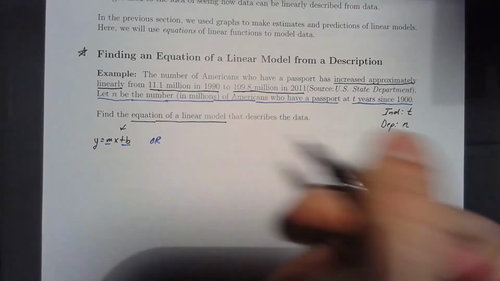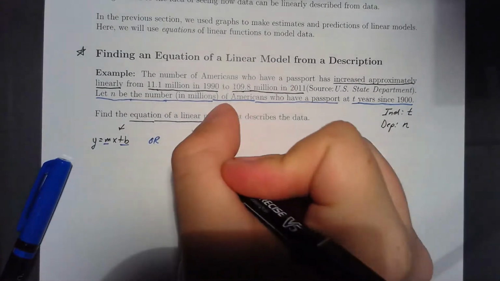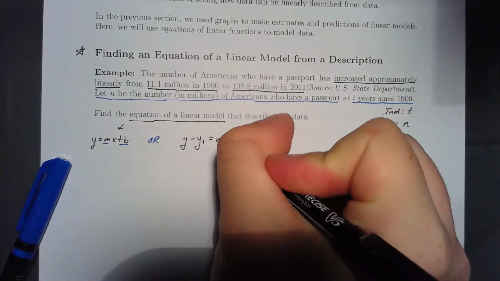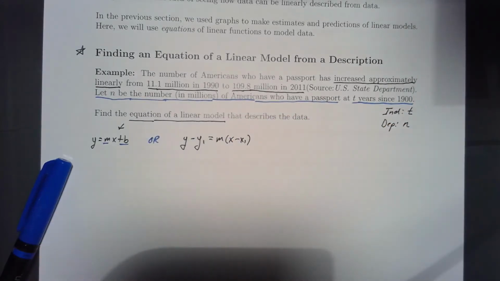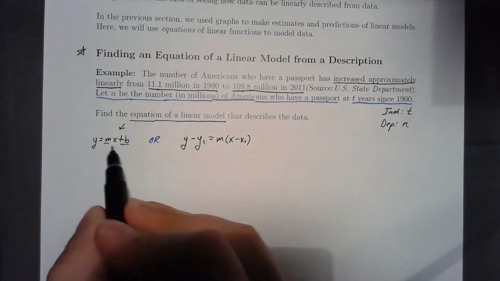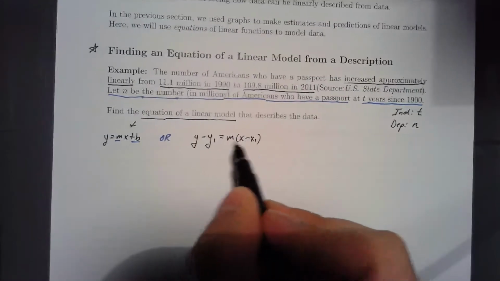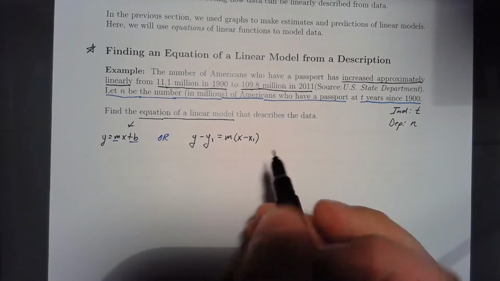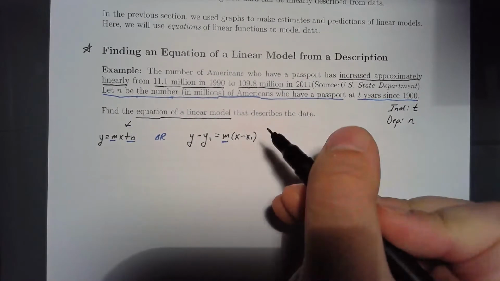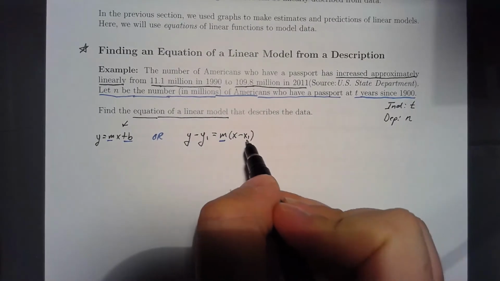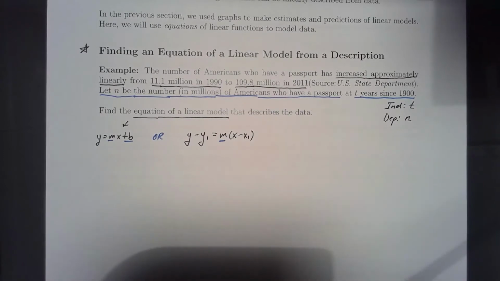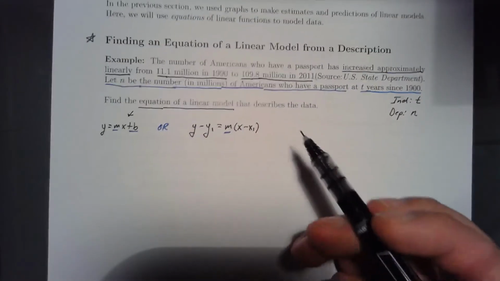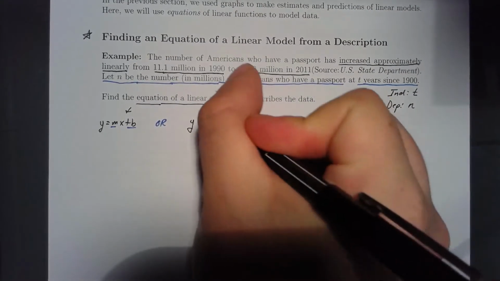Or I could use point slope form. This is slope intercept form, and this is point slope form. Remember those two, either one is fine. Either way, I'm going to need a slope, and for point slope, an ordered pair, x1, y1. It's up to you, either one will work just fine.